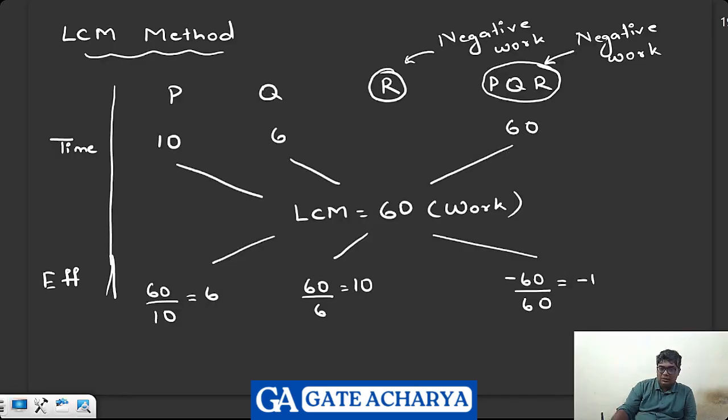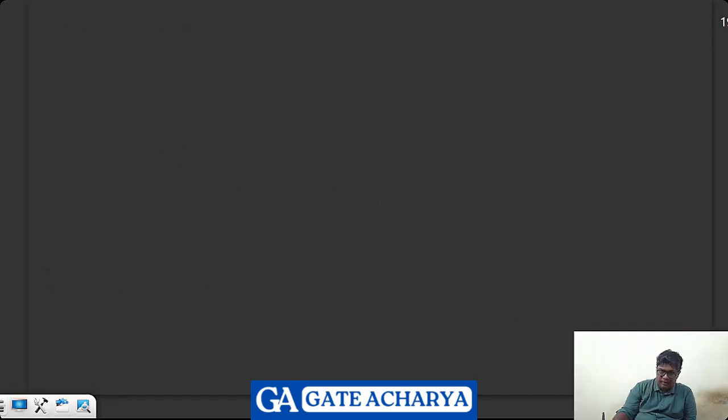Okay, so now let's come to the formulation. This PQR is the sum of all the pipes here. Efficiency of PQR is actually efficiency of P plus efficiency of Q plus efficiency of R. What is the efficiency of PQR we have gotten?